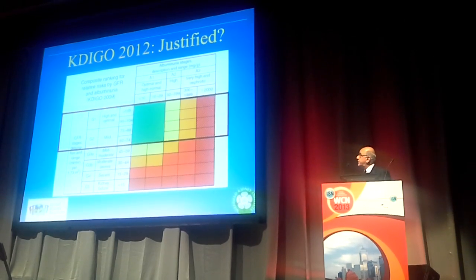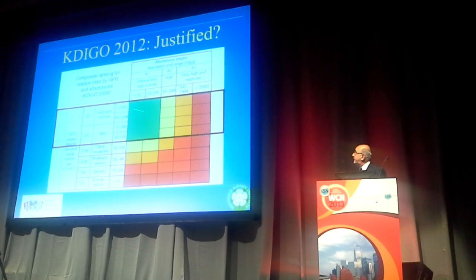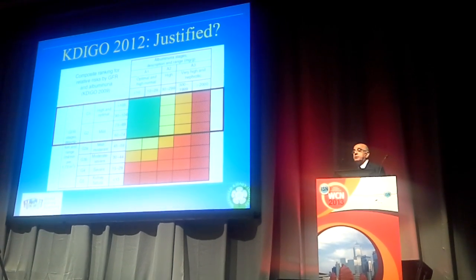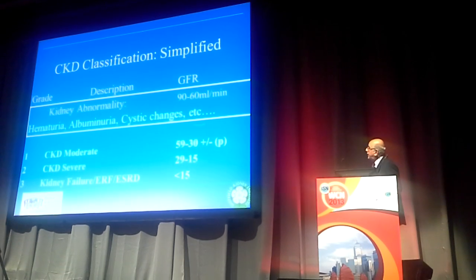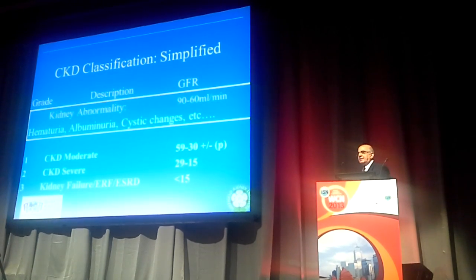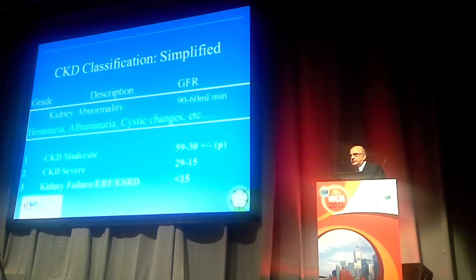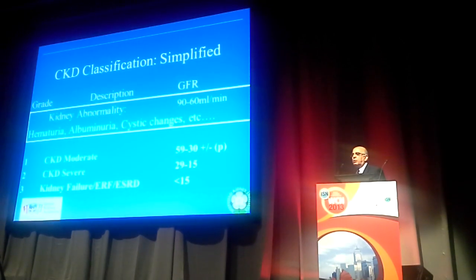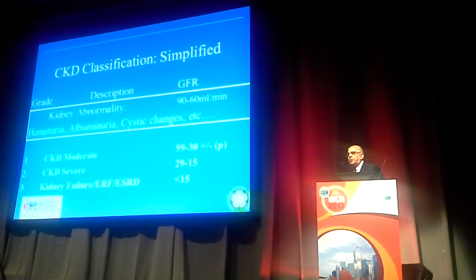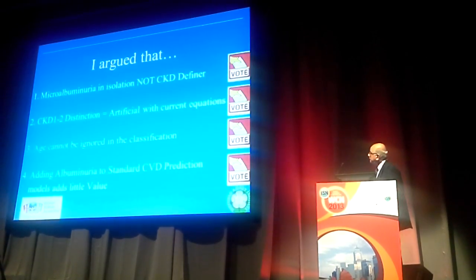What's the point of having these two if we can't distinguish them with the tools we have, and if they make no difference in terms of prognosis? So I put it to you that we might as well have, in patients with GFR higher than 60, define their abnormality: isolated hematuria, proteinuria, cystic kidney disease, and so on. After all, that's what the cardiologists do. Atrial fibrillation, heart block, pericarditis. They don't call everybody congestive heart failure or chronic heart disease.